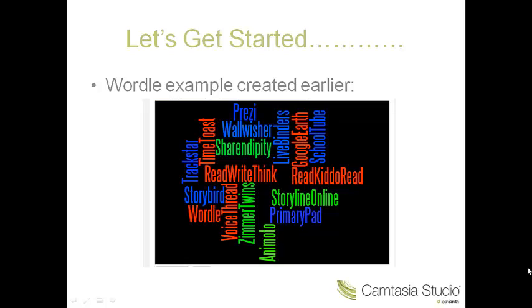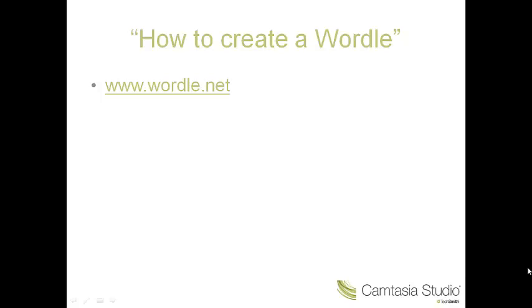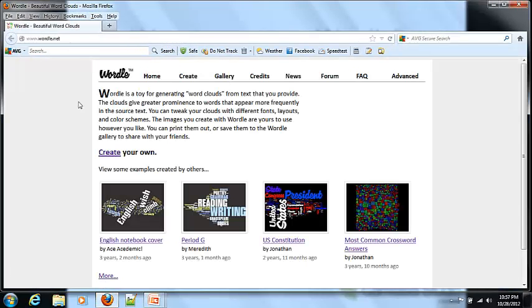Here's an example of a Wordle that I created earlier. By using a list of tech tool topics, I created a Wordle. Let's see how this is done. Okay, Wordle homepage.